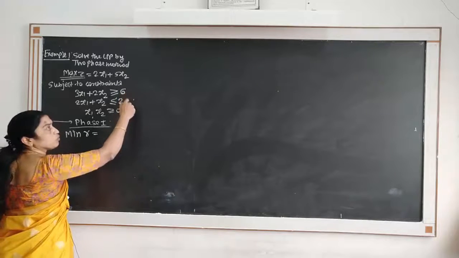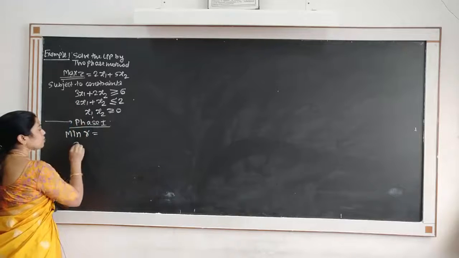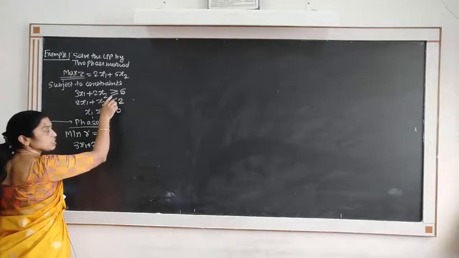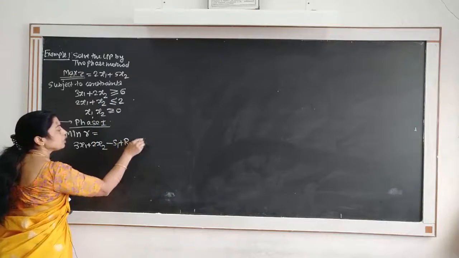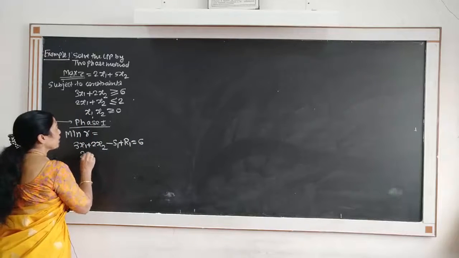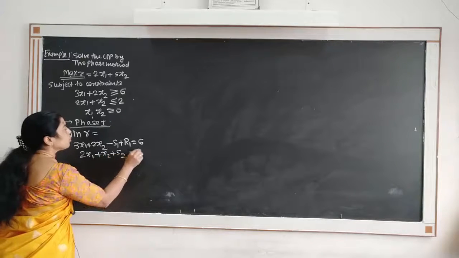Here if you write down this in standard form, see what we will get. The first constraint becomes 3x1 plus 2x2, because it is greater or equal, subtract surplus and add artificial, equal to 6. And the second constraint becomes 2x1 plus x2 plus s2 equal to 2.